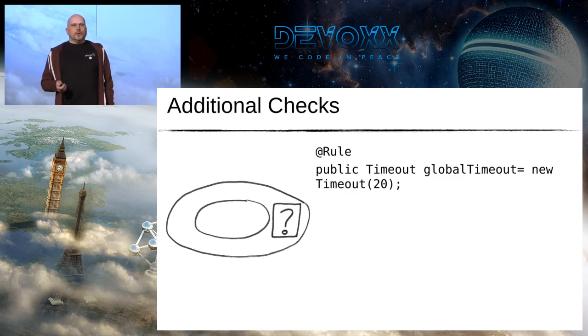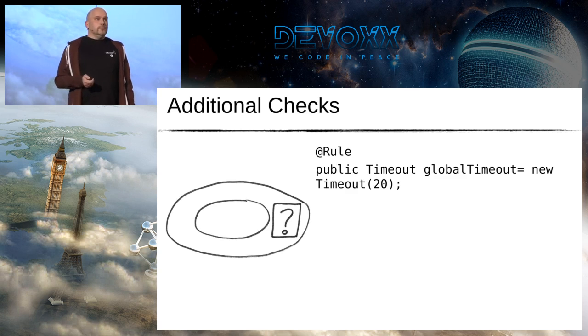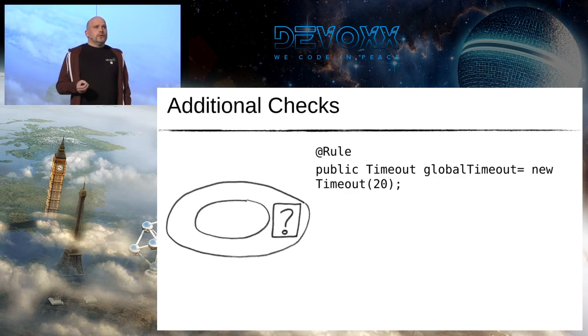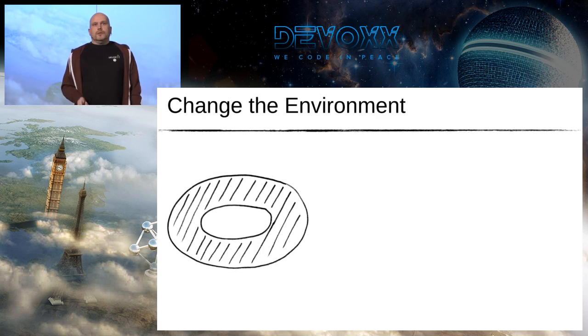If it takes longer, it will fail with some kind of timeout exception. Another example would be a rule that checks if the test produces any output on system out or system error, something that you often don't want to have in your code. So this, again, is an easy rule.